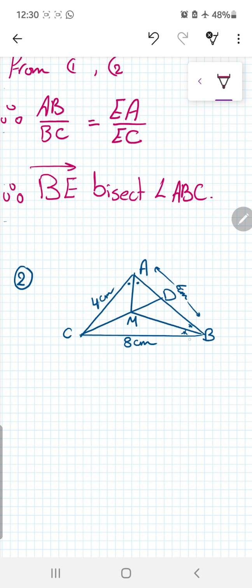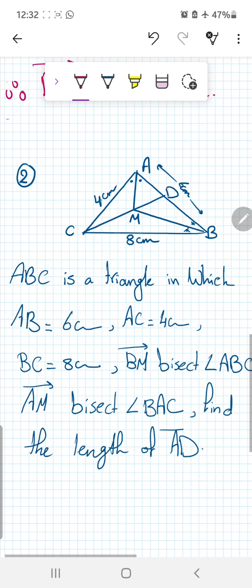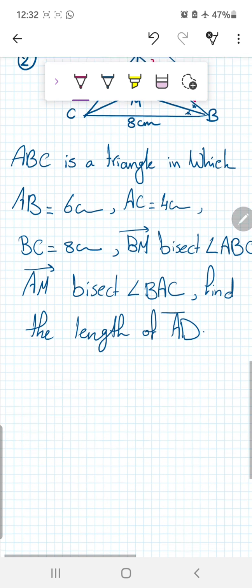Here we have the length of BC is 8 centimeter, AD is 6 centimeter, so we call AD X and BD 6 minus X. We have two bisectors, so we have two ratios.